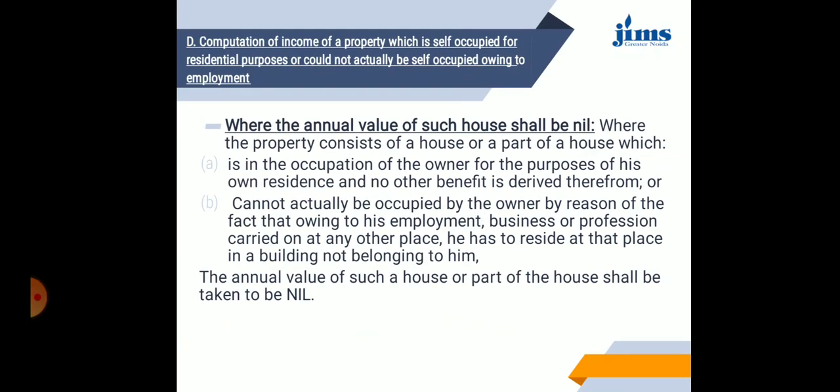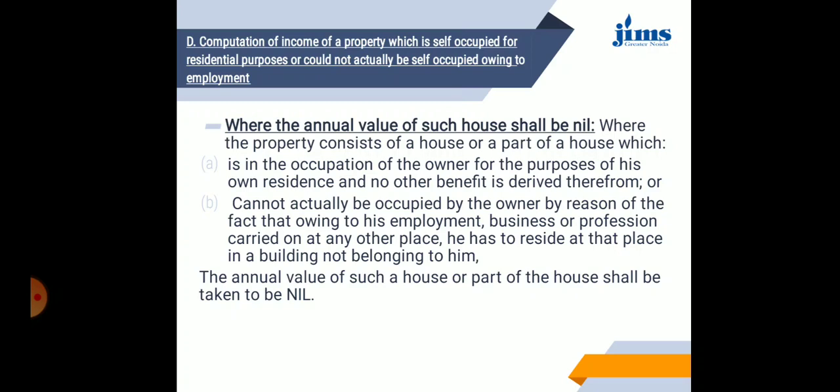The last one is the computation of income of property which is self-occupied for residential purposes, or could not actually be self-occupied owing to employment. In so far as the income from self-occupied property is concerned, the same is taken as nil.